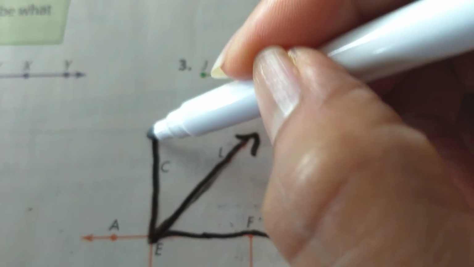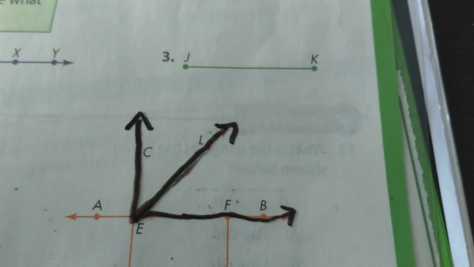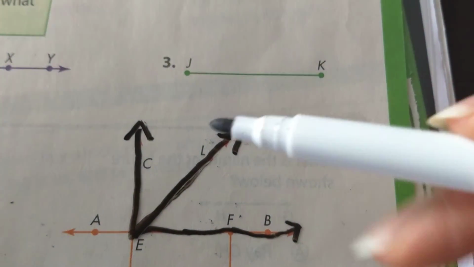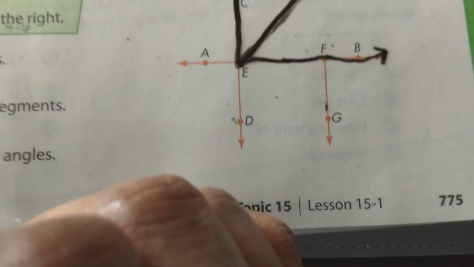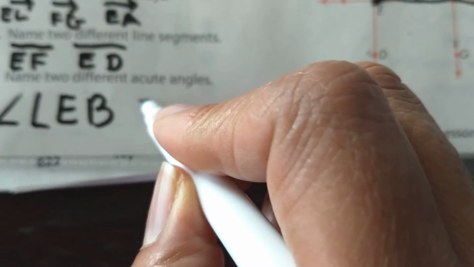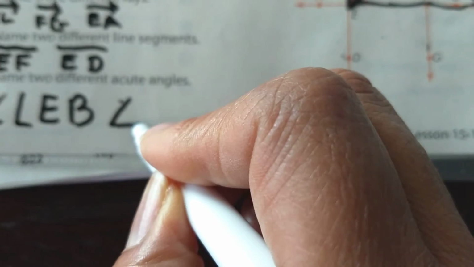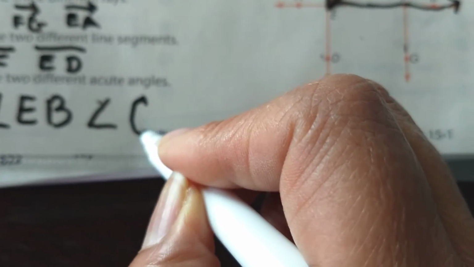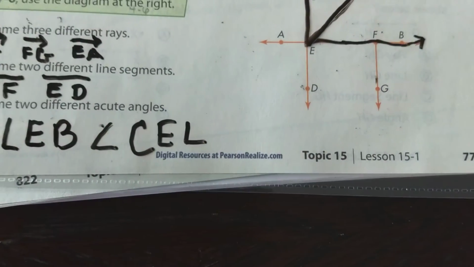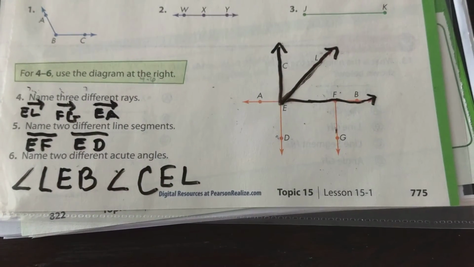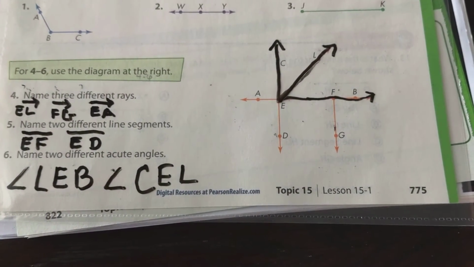That's an acute angle. See, that's an acute angle. CEL. So, angle CEL is an acute angle. So I have 2 that I found.